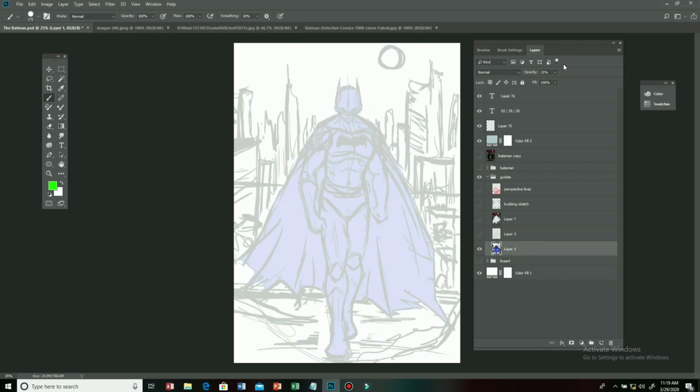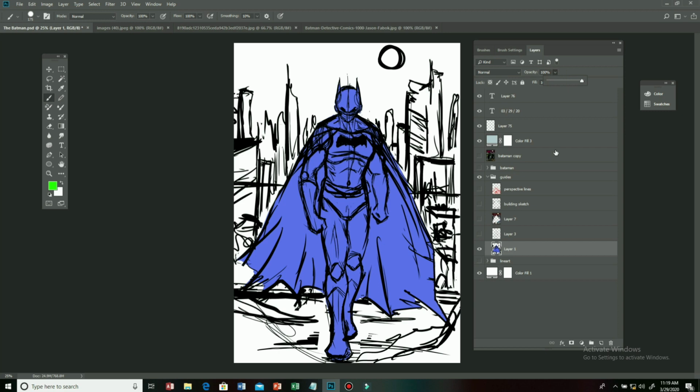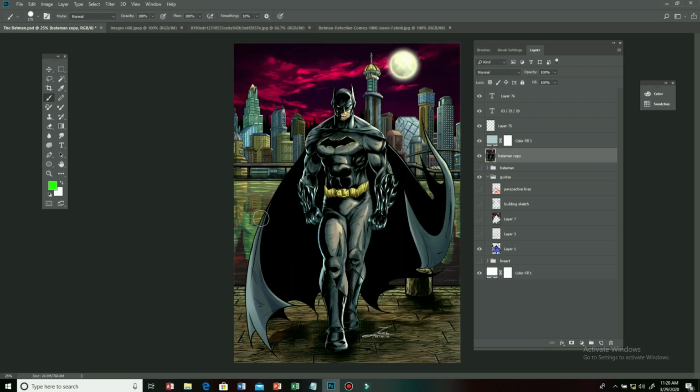So here is my idea and my piece, and as I work on that, it becomes like this. So from this to this.